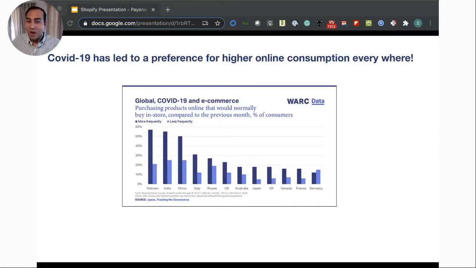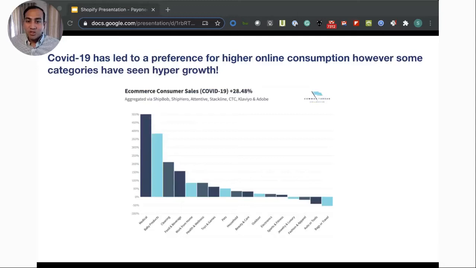So retailers should now adapt to this new normal and invest into selling online, selling globally, everywhere. And this is not just true across countries, but across categories as well, right? There are categories that have seen hyper growth during this time period.